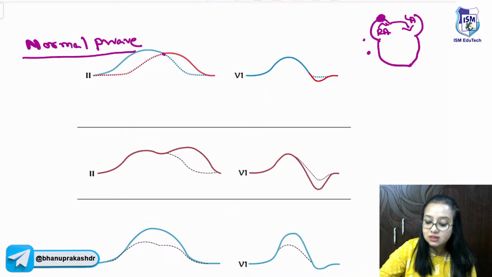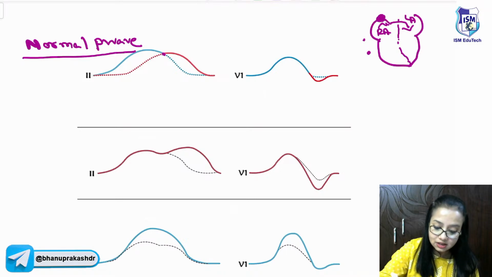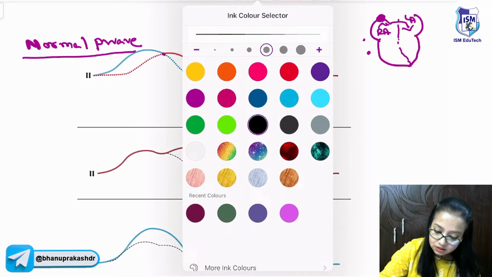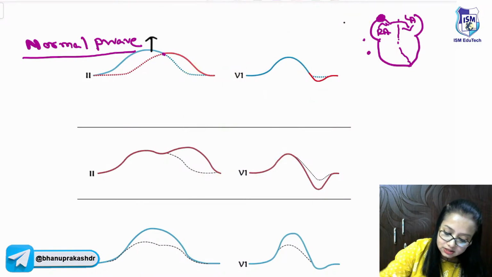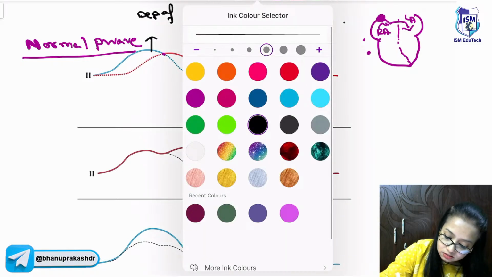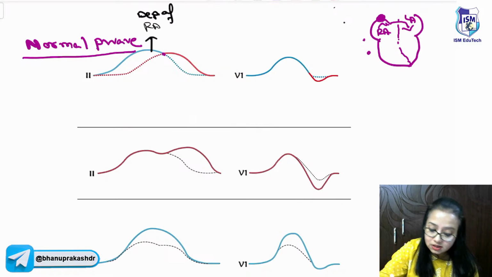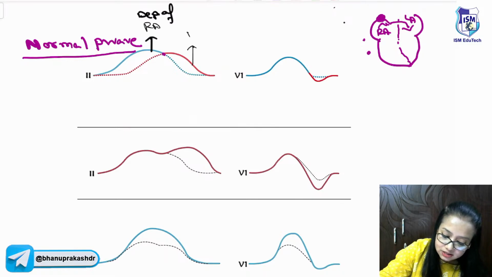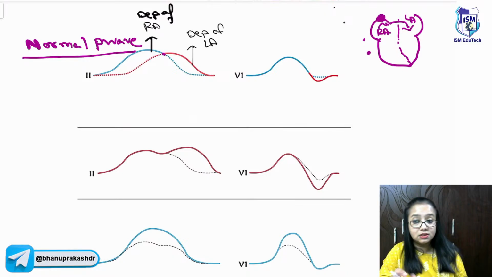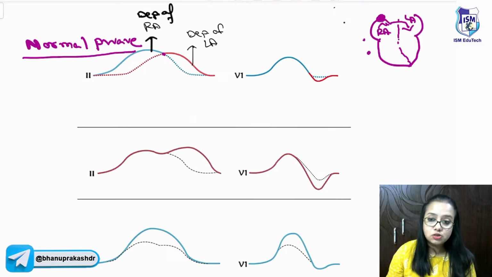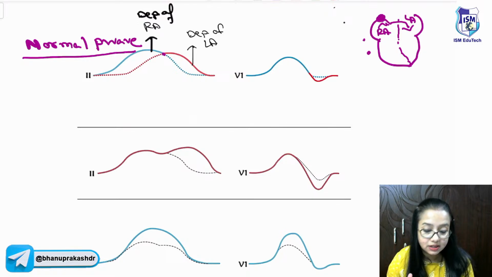So the right atrium contracts a little earlier than the left atrium. This first bump is the depolarization of the right atrium, and this red one is the depolarization of the left atrium, because the electric impulse reaches the left atrium slightly later than the right atrium.